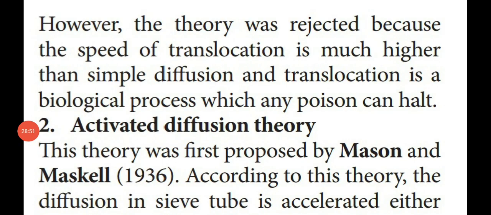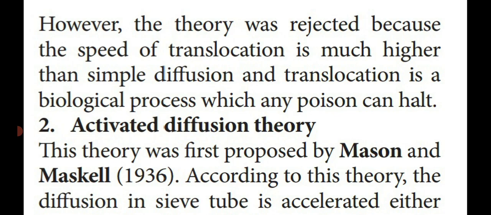But this theory was rejected because the speed of translocation is much higher than a simple diffusion process, and translocation is a biological process which any poison can halt. If you transport the food material through diffusion, it will be a very slow process.